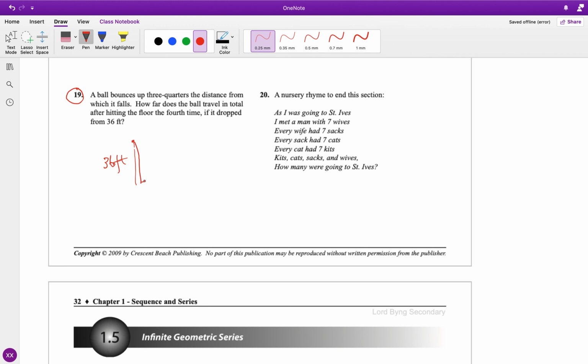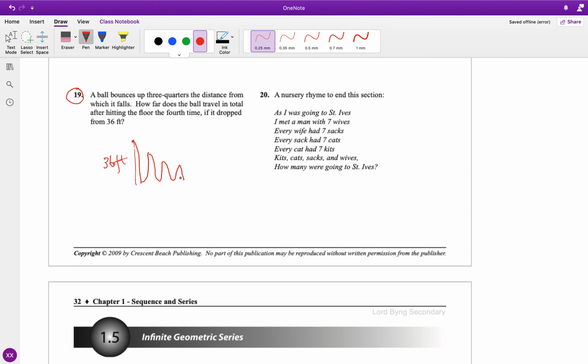And then the ball will bounce back. The distance from here to here now is 36 multiplied by 3 over 4, because it bounced back 3/4, right? Then it goes down again and bounces back again. It's going shorter and shorter.